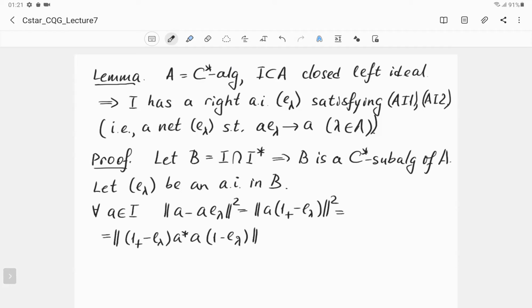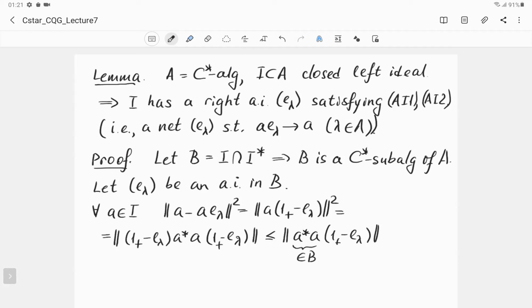Now the norm of the first element here, namely of 1 minus e_lambda, is less than or equal to 1. So we can estimate this as follows: the norm of a star a multiplied by 1 minus e_lambda. And now we observe that this element a star a sits in B, because it sits in I, which is a left ideal, and it is self-adjoint.